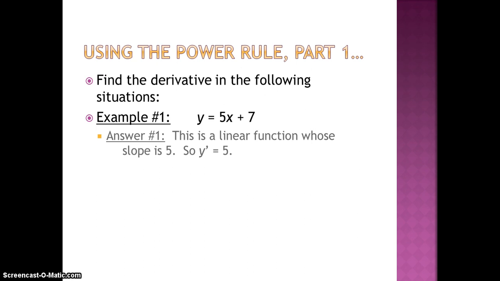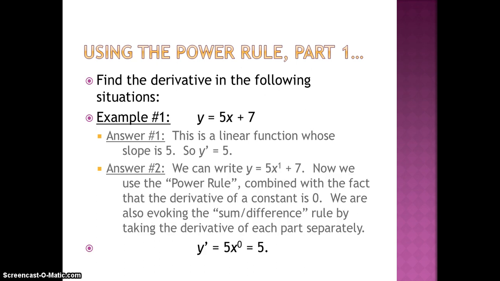Well, the second approach is to use the power rule, which we just talked about, and which we'll prove at some point in the near future. So the way we would use it is we would say, well, y is equal to 5x to the first plus 7. Using the power rule would say that we need to bring the exponent down, and that would make that 5 times x to the 0.